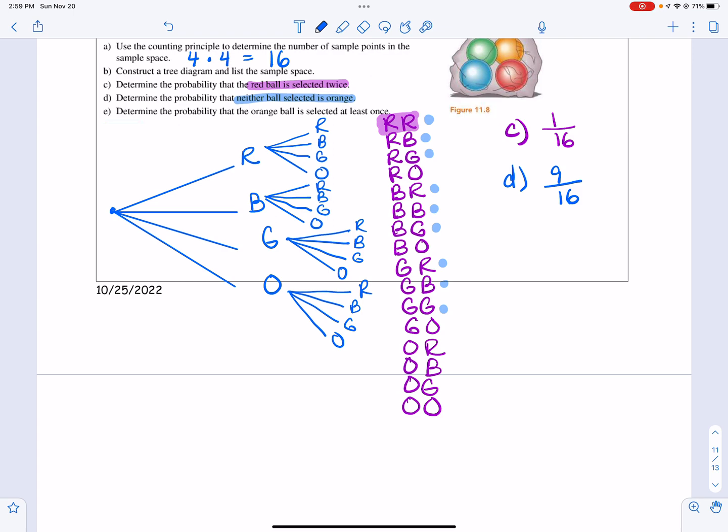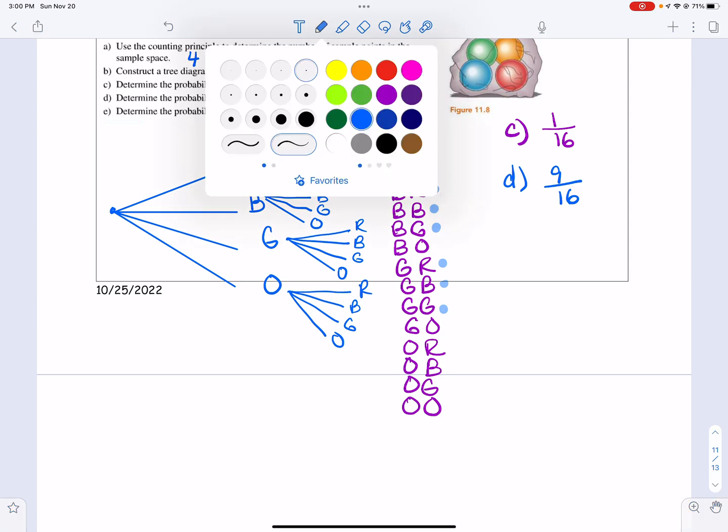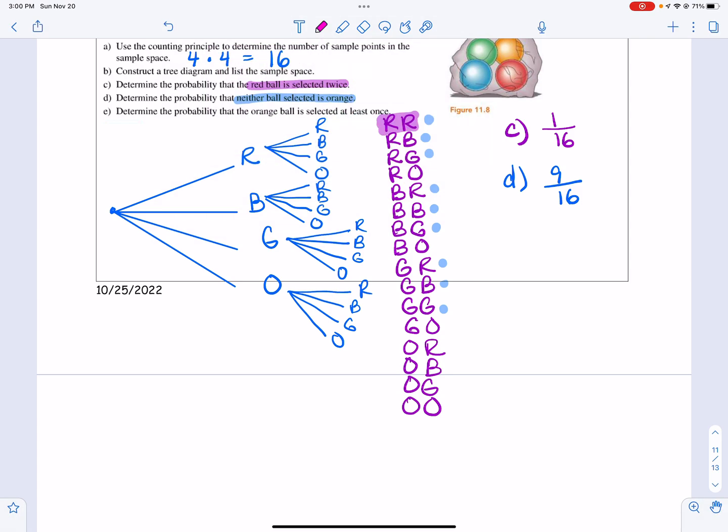And then last but not least, we are going to choose the probability that an orange ball is selected at least once. And so you have to remember, if it's selected twice, it's still selected at least once. So I'm going to highlight where I have an orange ball selected at least once.